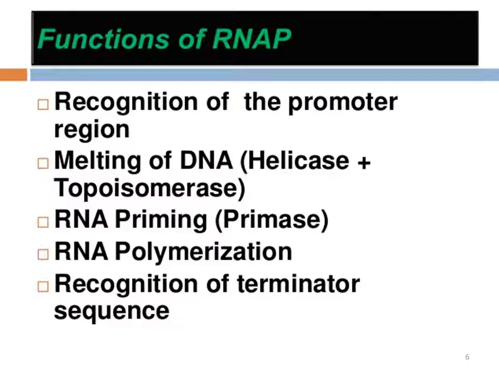Then we should know about the functions of the RNA polymerase. What are the functions of RNA polymerase? The RNA polymerase actually recognizes the promoter region. What is the promoter region? The promoter region is the important region of any transcript, or the portion of the DNA which is going to be transcribed.